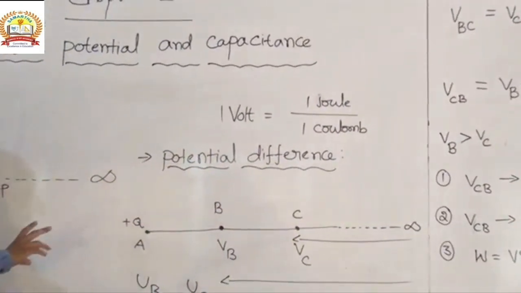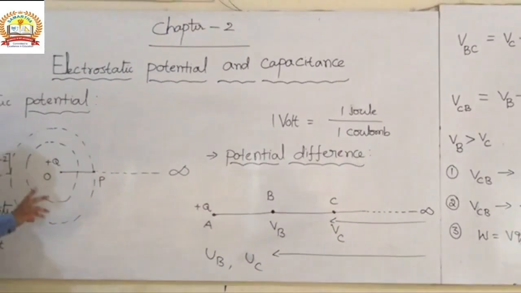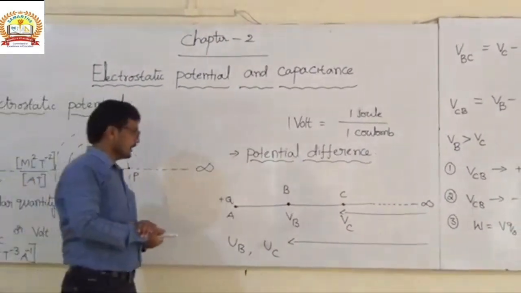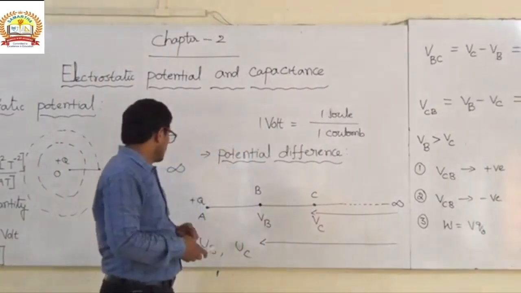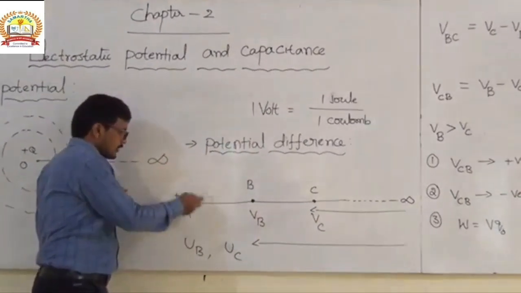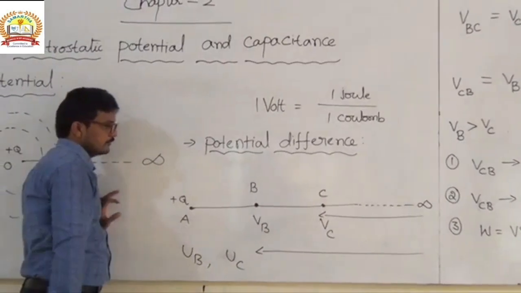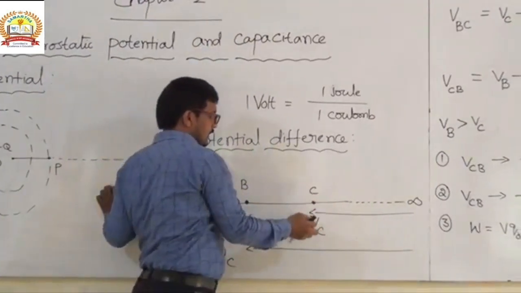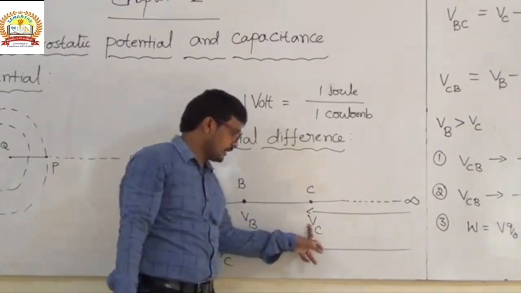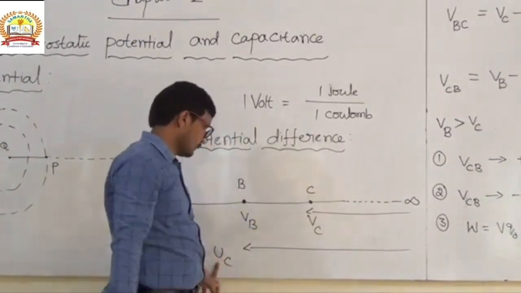And the potential difference: we want to know the potential difference between points B and C. So we consider a positive charge placed at A, and we bring the charge from infinity to point C. The corresponding potential is Vc and the potential energy is Uc.